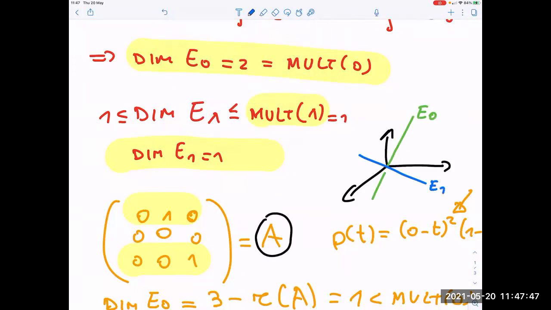So there are only 2 lines as eigenspaces, okay? And so I cannot find 3 linearly independent vectors subject to the condition that they must lie in E0 union E1. Or in other terms, E0 plus E1 is not R3. It's just a plane, okay? Okay, good.